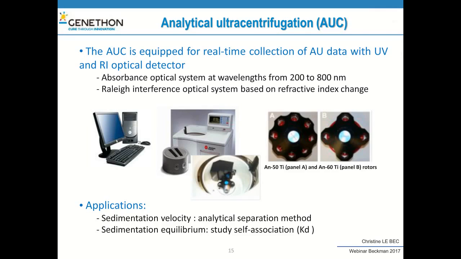You can follow it by optical absorbance at wavelengths from 200 to 800 nanometers, or by Rayleigh interference. You can have a rotor of 8 samples or 4 samples, so you can run 4 or 8 samples independently depending on the rotor.